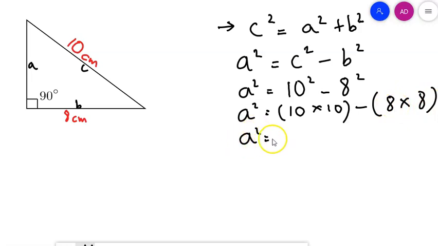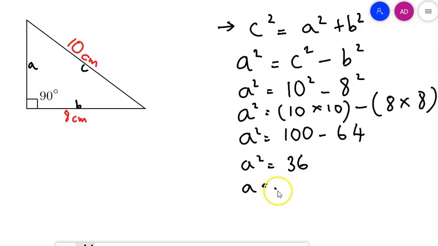So A squared is 100, subtract 64. A squared equals 36. So that's A squared. That would be the square that would attach itself to A, but we want the length of A, so we need to find the square root of 36. So A is the square root of 36.